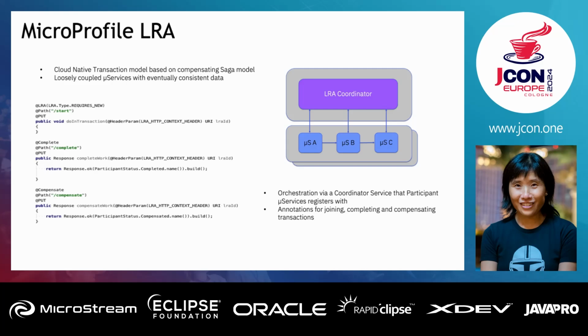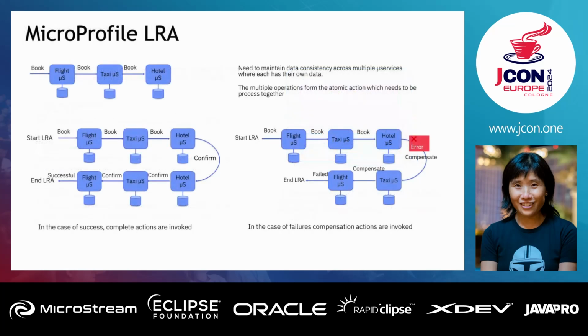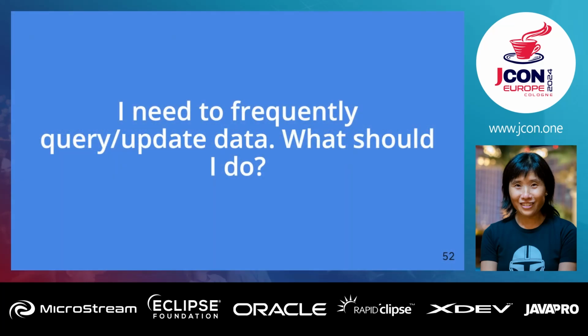It's basically doing something opposite to get eventually consistent. So there is a coordinator that oversees this and tells the microservice you need to undo and do the opposite operation. So this is the full picture. As you can see here, you pretend that nothing happened, you do confirm, and if something failed, you just do the compensation. We call it the compensation. So this is the quick overview of transactions.